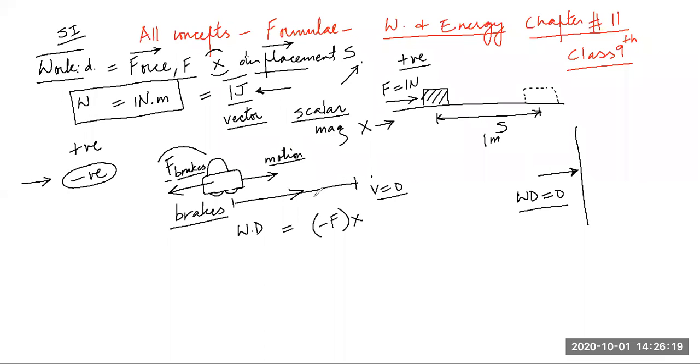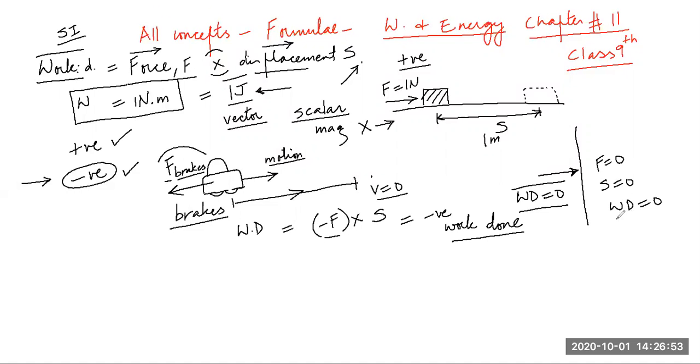So if I use the word distance, you understand it as displacement. Negative force is being applied over a displacement, so it is negative work done. Students, work done can be positive, it can be negative. When displacement is not there or when force is not there, in either of the cases, the work done is 0.